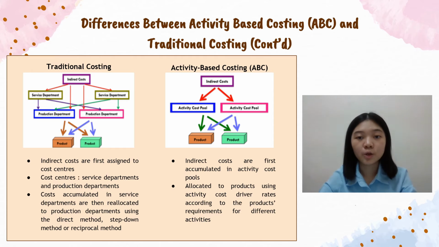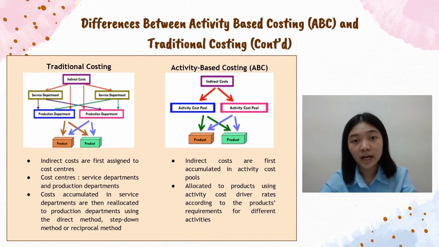After that, the costs accumulated in service departments are reallocated to production departments using the direct method, step-down method, and reciprocal method. By this time, the indirect costs accumulated in a production department include the department's own indirect costs and any indirect costs received from service departments. These indirect costs are then allocated to products by using the allocation rate, also called the absorption rate.